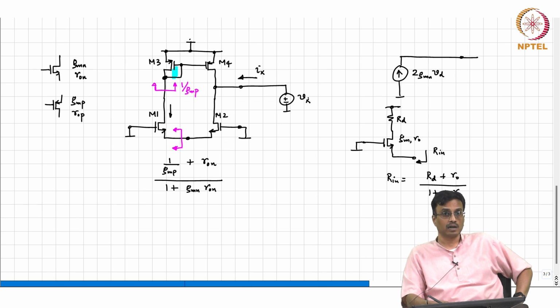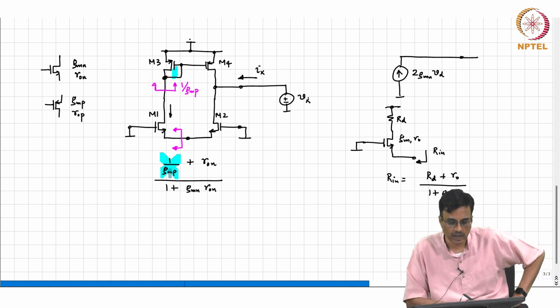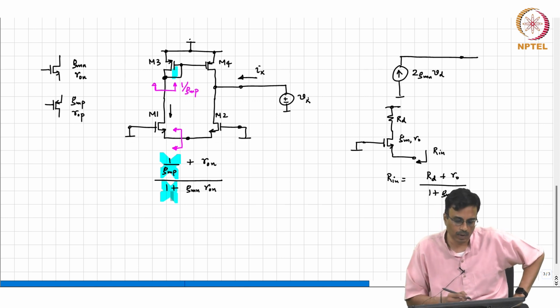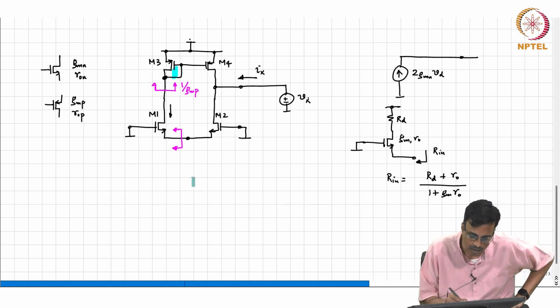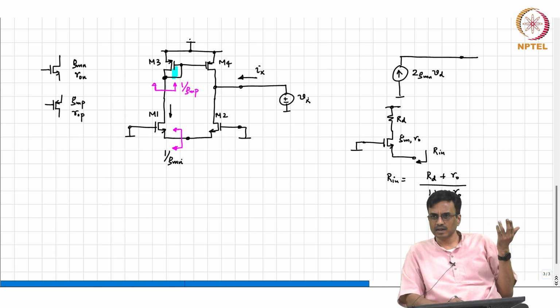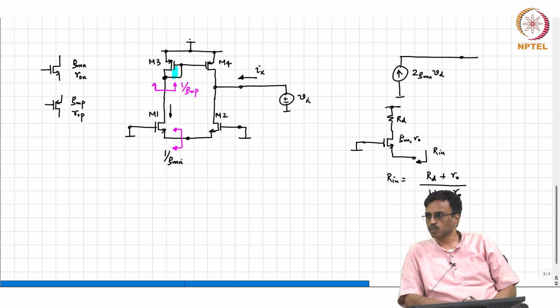You can neglect this guy. In the denominator, you can neglect 1. So, what do we have? 1 by GMN. Okay. So, even though there is a resistance in the drain, because it is small compared to the output resistance of M1, it has no influence.